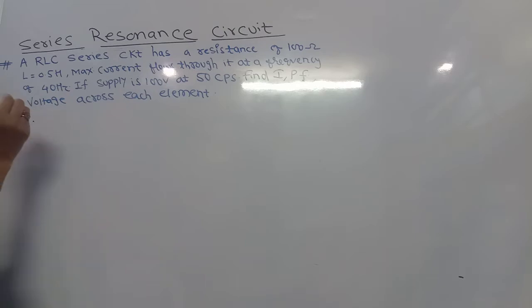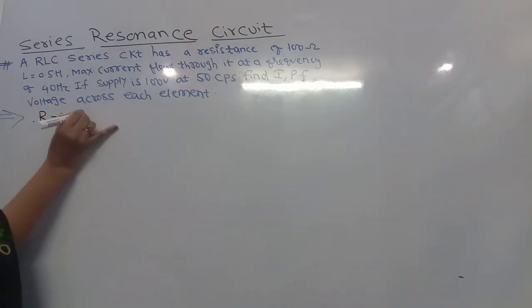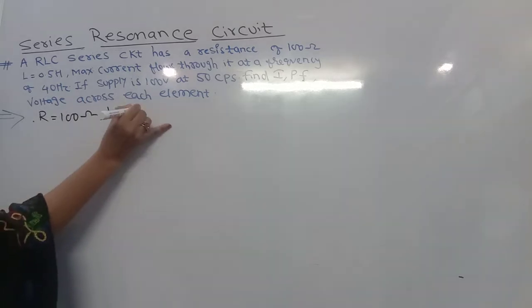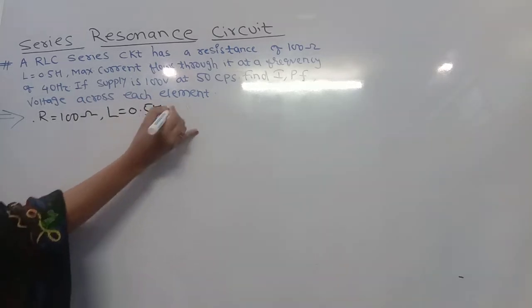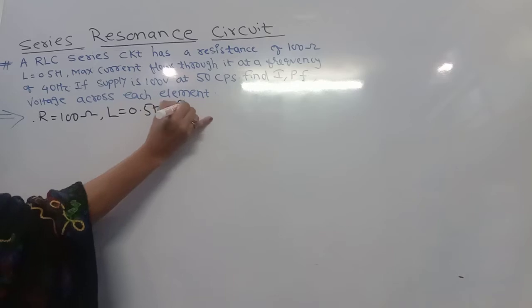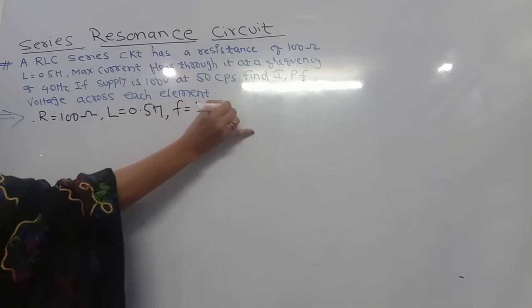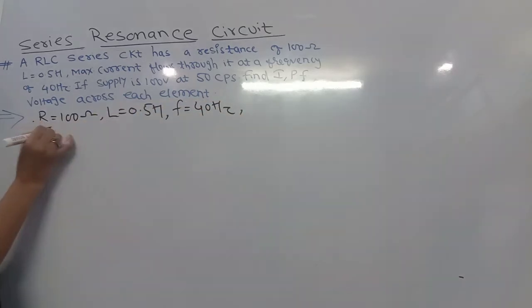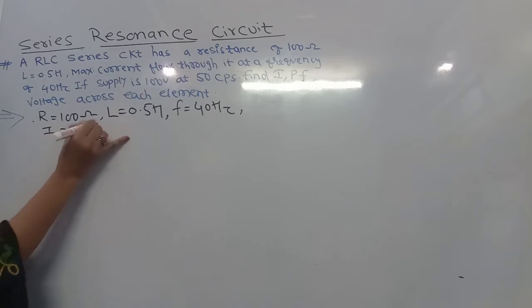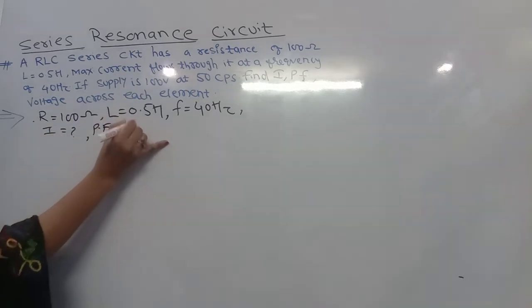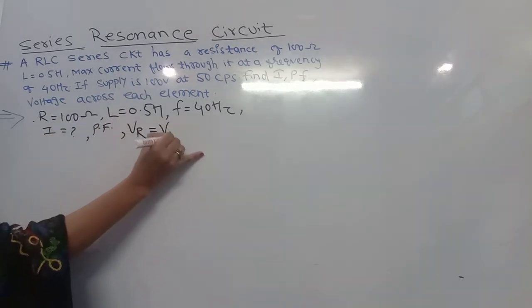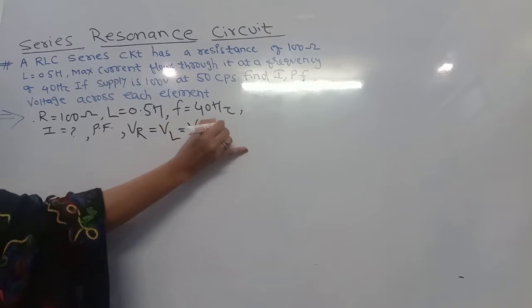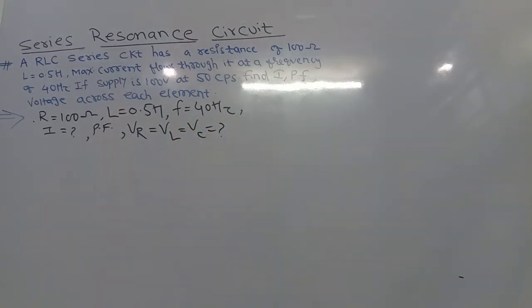The values are also mentioned: R is 100, L is 0.5 Henry, and the frequency is 40 Hertz. You need to calculate the current, the power factor, and VR, VL and VC, the voltage drop across the resistor, inductor and capacitor.